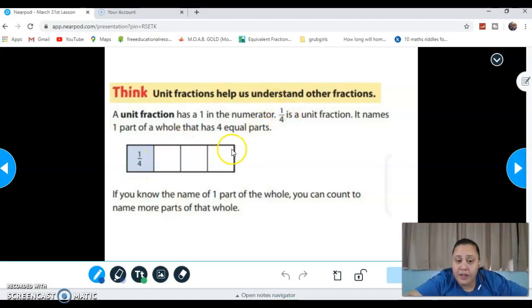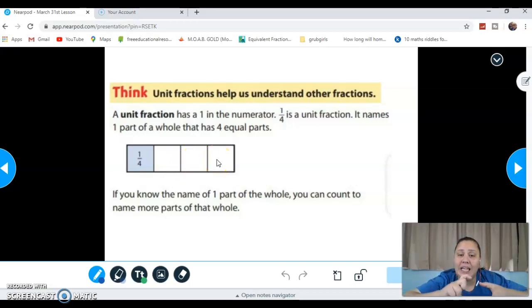Because here, this shape has been cut into 4 parts, and each part is a unit. So this one part is 1/4. So then this second piece that I'm pointing at is also 1/4, which means this piece is again 1/4. And the last piece is 1/4.